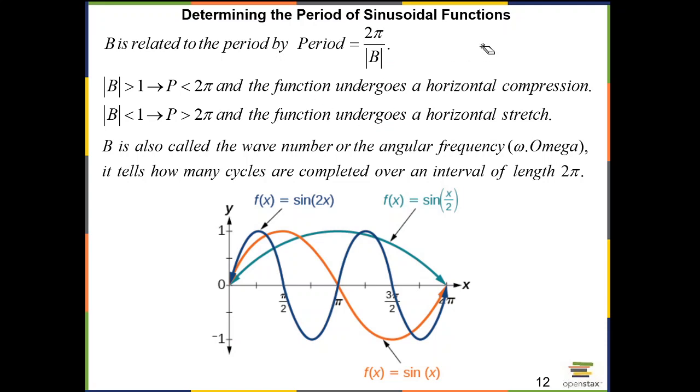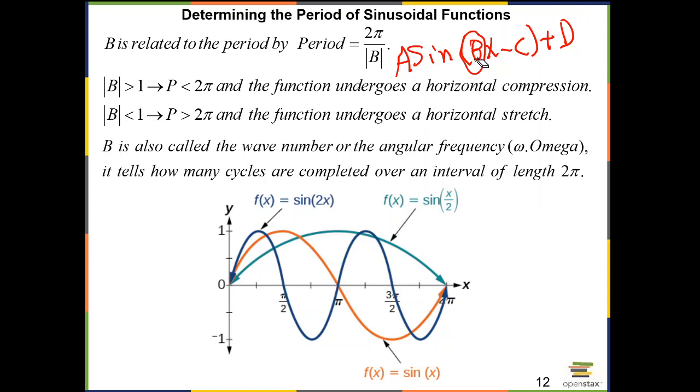So capital B in the formula determines, remember we have sine bx minus c plus d, and then there is an a here, right? So this b right here, we take the absolute value of b.